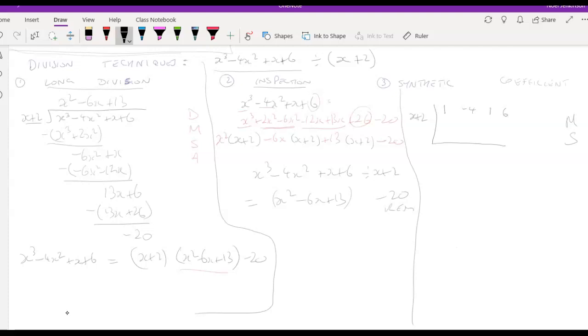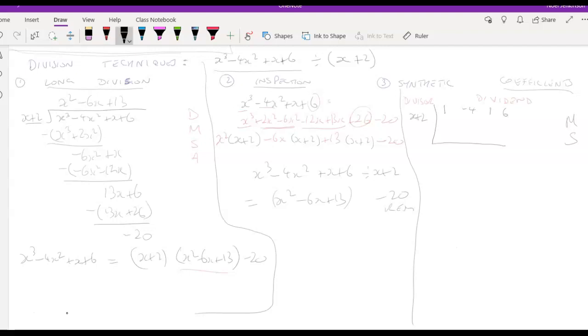The coefficients of the dividend are 1, minus 4, 1 and 6. Along here we have the coefficients of the dividend. And over here we have the divisor. Really, you just need to write down the 2 there.